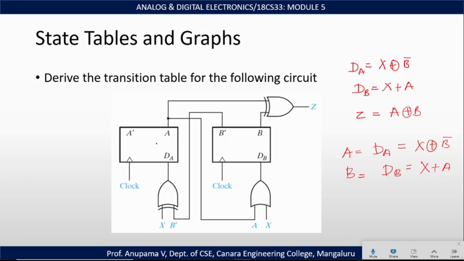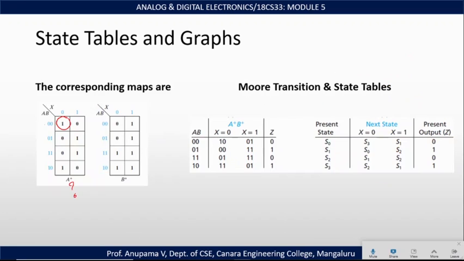When B equal to 0, what is the B bar value? 1, and X is equal to 0. What will be the output? 0 XOR 1, output is 1. So, what will be the A plus value? A plus value equal to 1 now. So, I have written 1.